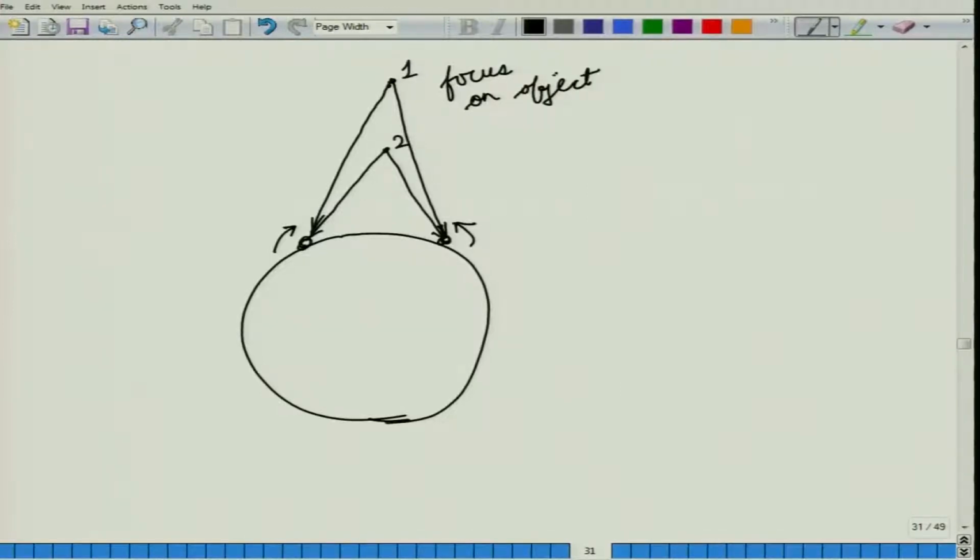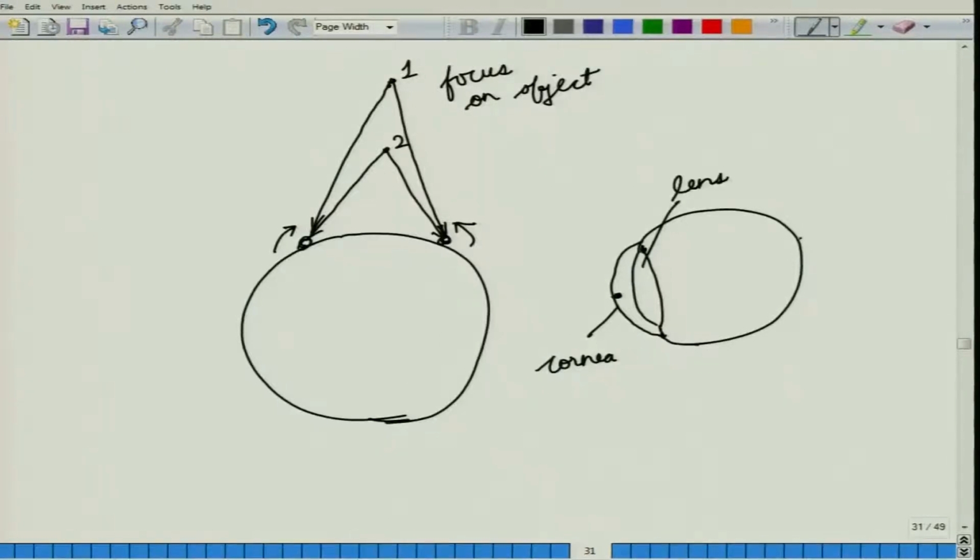So, the angles are different, the eyes have to be moved to focus on the object, and then inside your eyes, if we draw the structure of the eye, in the front we have our cornea, then there is a pupil, which is a small hole that permits light to get inside, then we have the lens, and then we have the retina at the back.